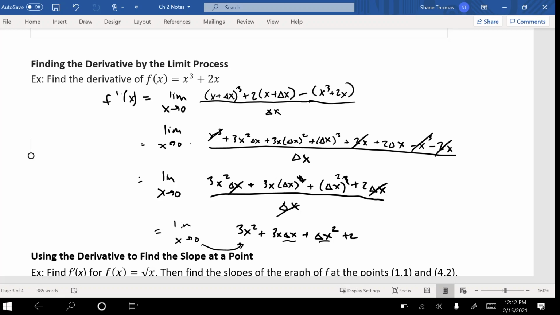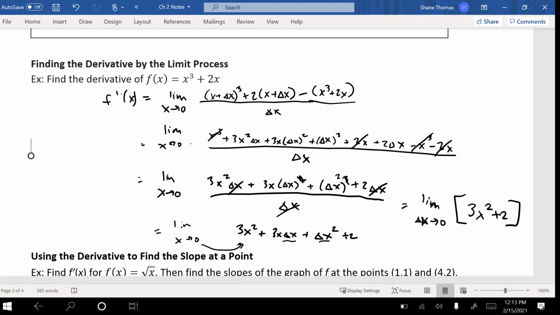So then I'm left with the limit as delta x approaches 0 is going to be 3x squared plus 2. All right, so that function there is a new function that will give me the tangent line at any point throughout that.